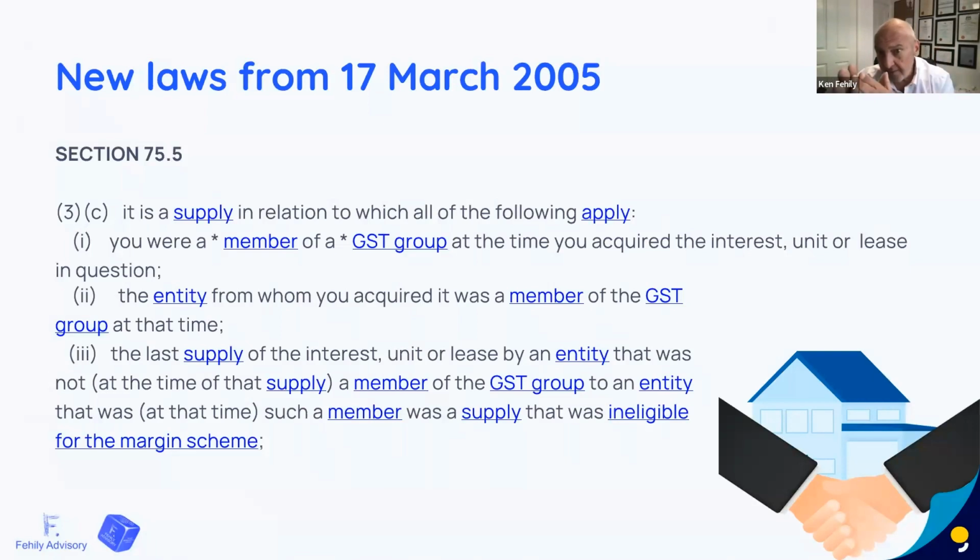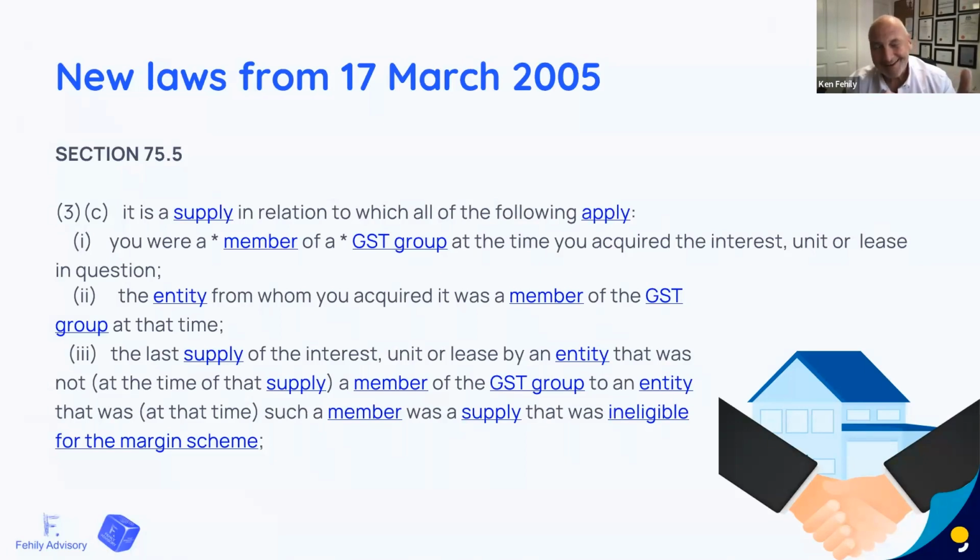And you're buying from a member of a group, and the member of the group bought from another member of the group, and that member of the group bought it from somebody who wasn't eligible. So you think, sneaky, what I'll do is I'll group all those companies and I'll buy it from a member of a group that didn't buy it from anyone else, because you ignore it for grouping purposes.